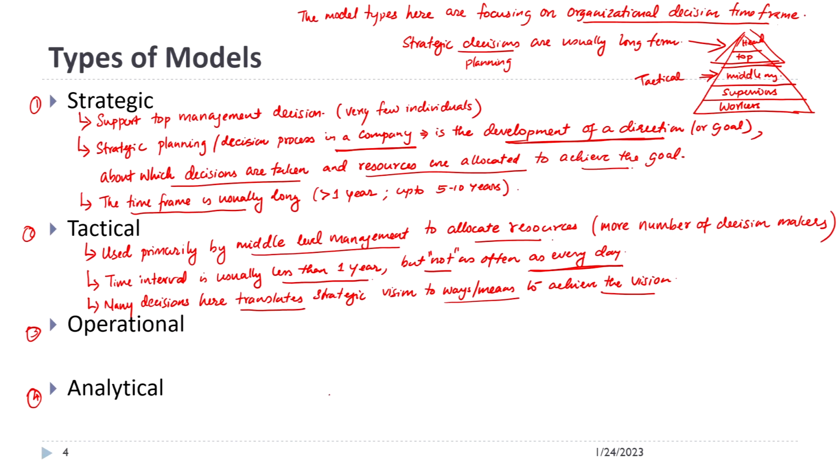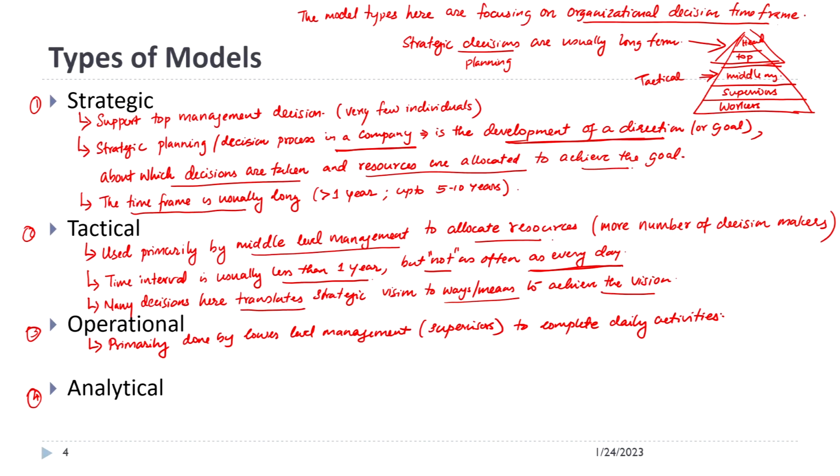Okay. Now, the third one we talk about is the operational decision. Okay. So, this is primarily done by lower level management, or you can think about it as supervisors, to complete daily activities.